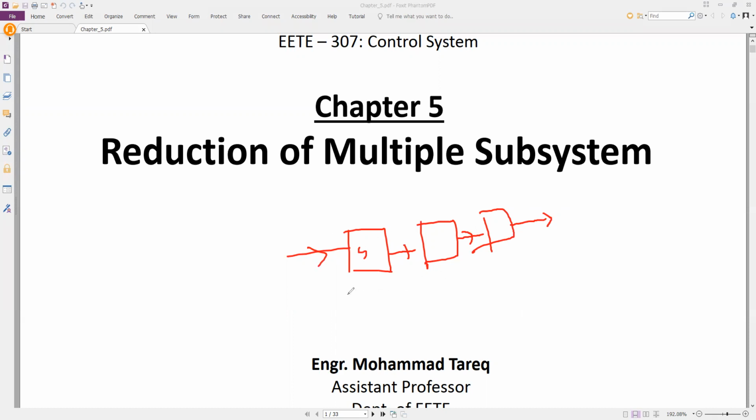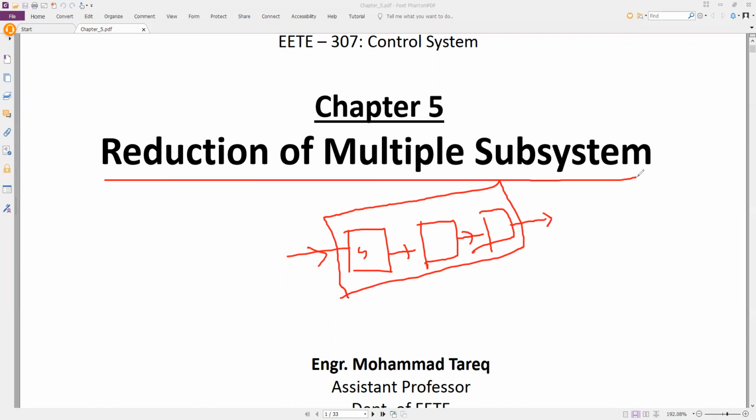Instead of this, you can bring those into one block. You can reduce the multiple blocks into one system. That is called the reduction of multiple subsystems, to reduce the multiple blocks into one block. That is the main thing.